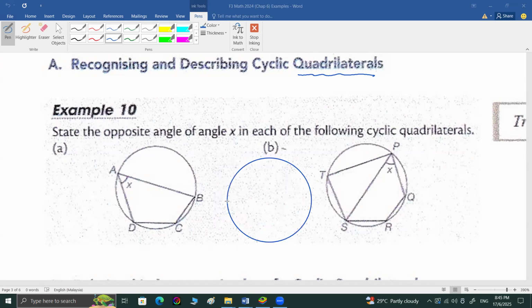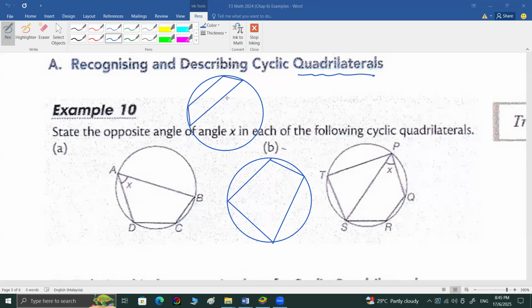Any cyclic quadrilateral, I can draw big like this. Even if I draw like that, as long as 4 vertices. Okay, see, I can draw like this. This one also is considered the same because the 4 vertices cut the circumference.